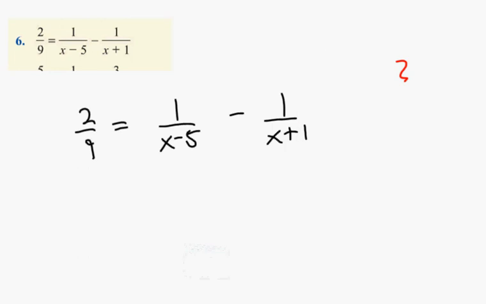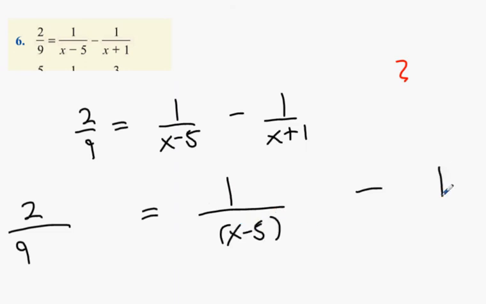Now, what happens here, guys, is the same thing. 2 over 9 equals 1 over x minus 5 and 1 over x plus 1. Put the 1 to the front. Now write out what's extra. So what's extra on the bottom beside the 9?